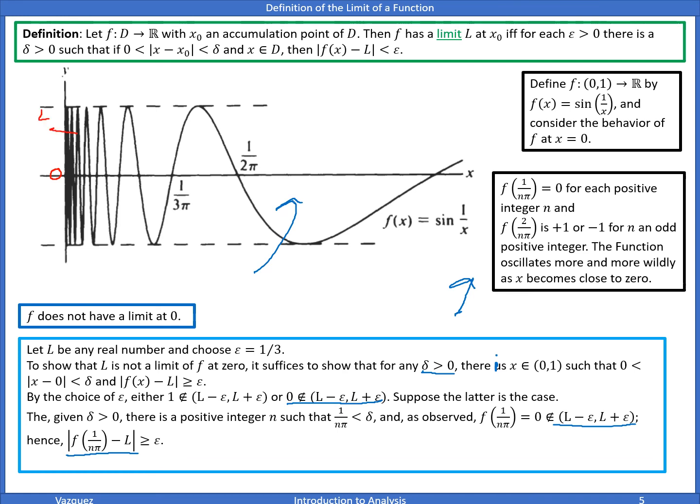L and its neighborhood from here to here. Right? 0 is not in the neighborhood of L. So we can find an integer n such that this x value is less than delta.